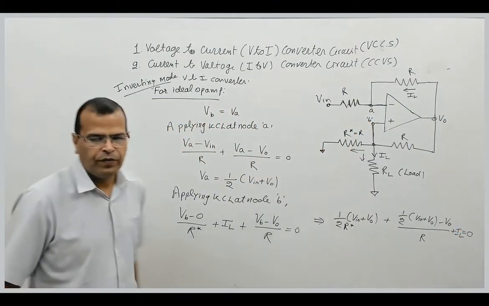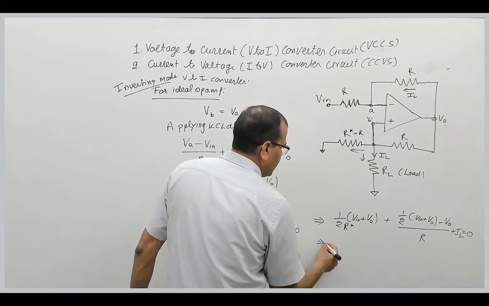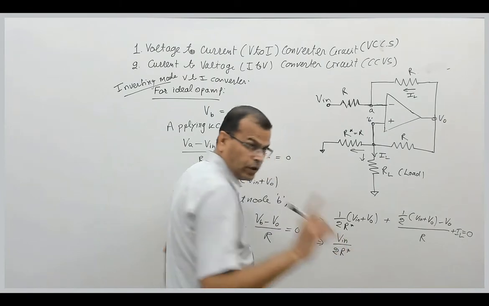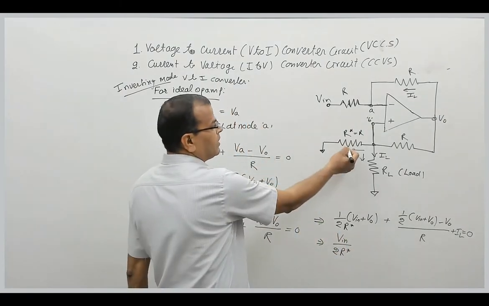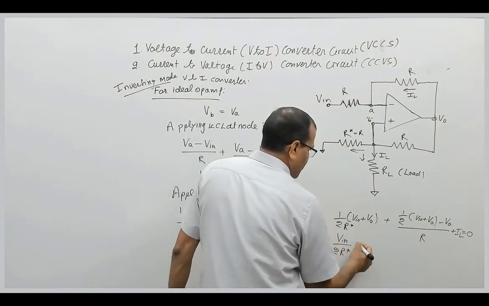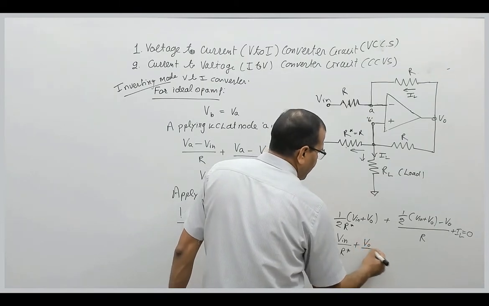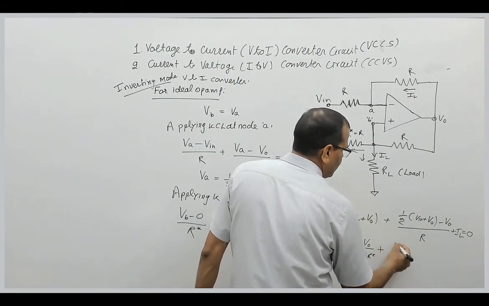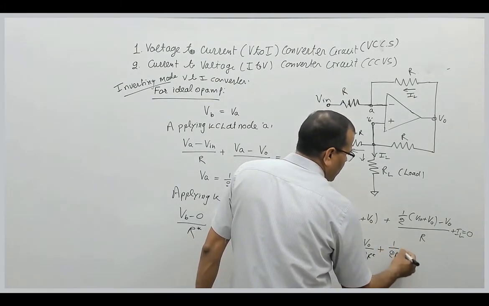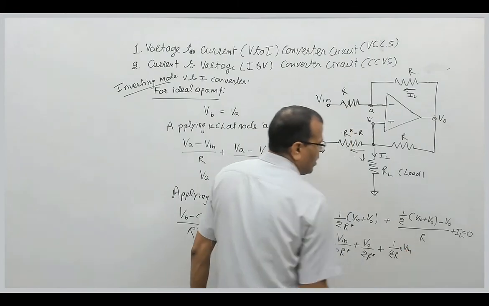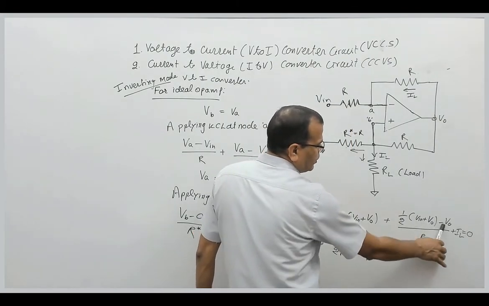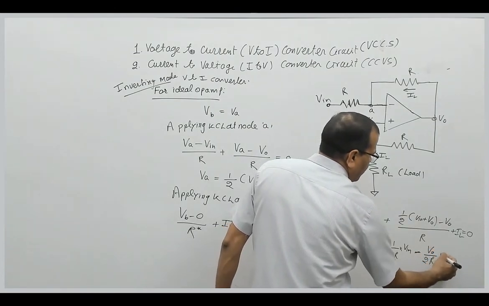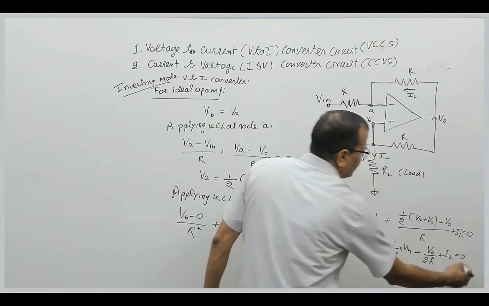That's it. Now this gives Vin divided by 2R star, plus V0 by 2R star, plus Vin by 2R, and V0 by 2 minus V0 gives minus V0 divided by 2R, plus IL equal to 0.